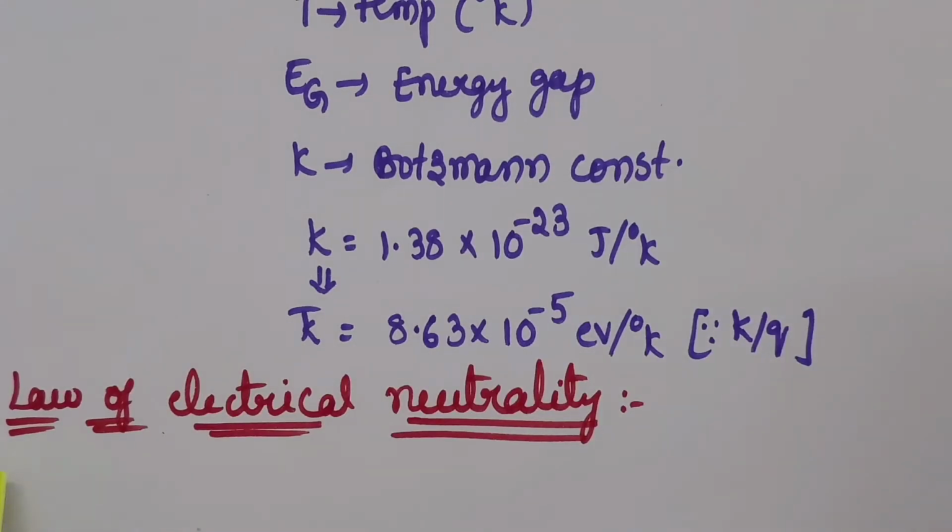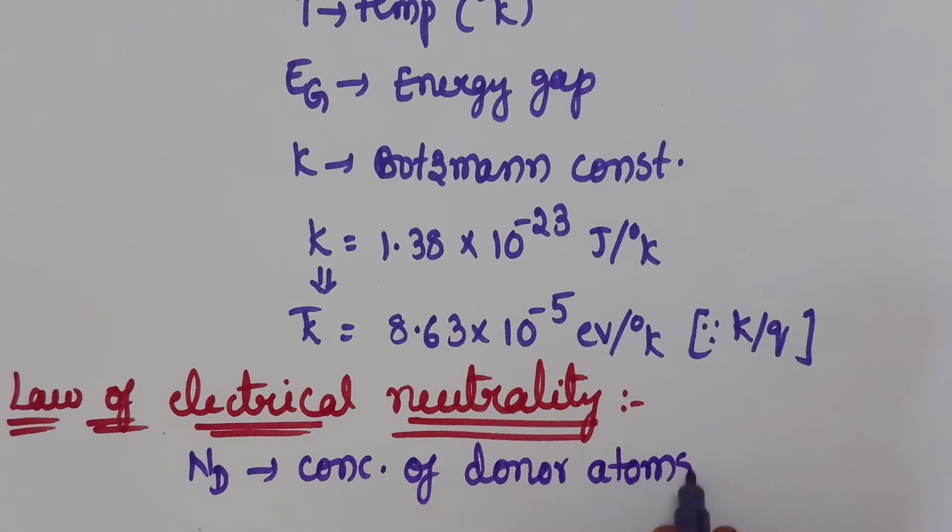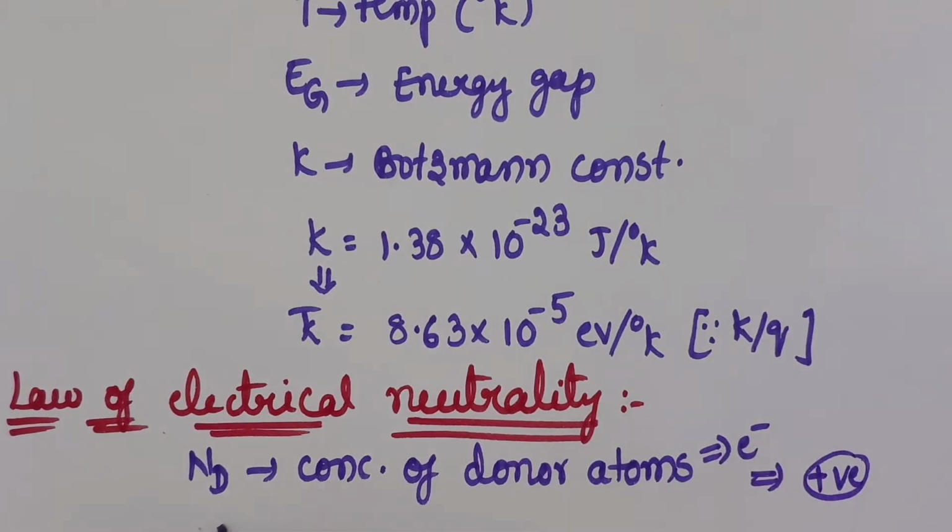Now let us go to another law, that is the law of electrical neutrality, which is also very important in semiconductor physics. Let Nd denote the concentration of donor atoms. As it is a donor, it can give away an electron, and as it gives away the electron, its charge becomes positive.